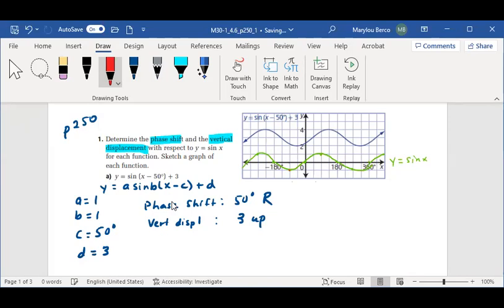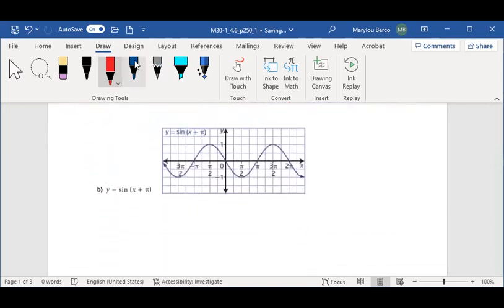We're going to go 1, 2, 3 up. And 50 degrees to the right. So it's 3 up and 50 degrees to the right.